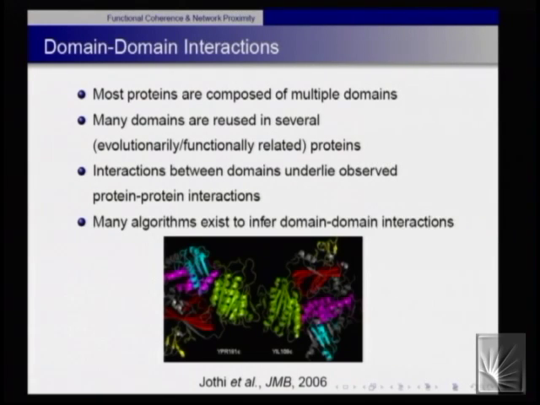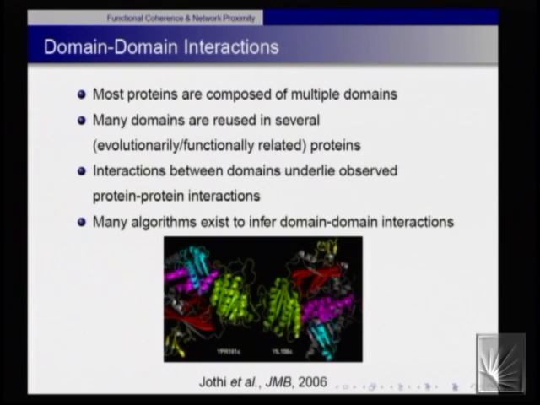A domain is, for example, responsible for binding to a ligand. In that sense, the interactions between proteins are underlaid by domain-domain interactions. A domain can occur in different, related proteins, so an interaction between two domains might be observed in the context of interactions between different proteins.